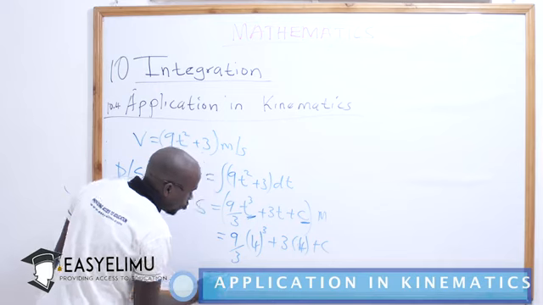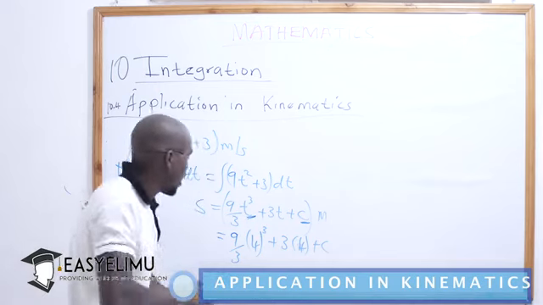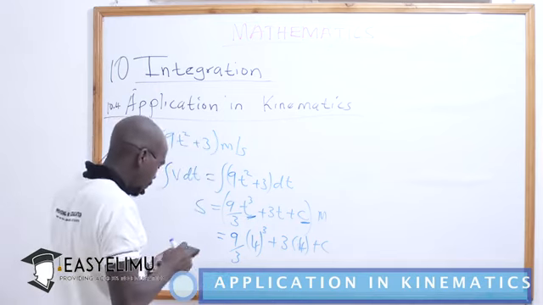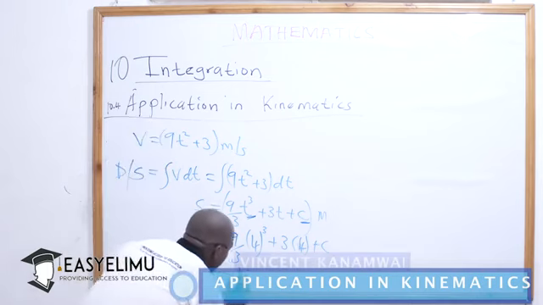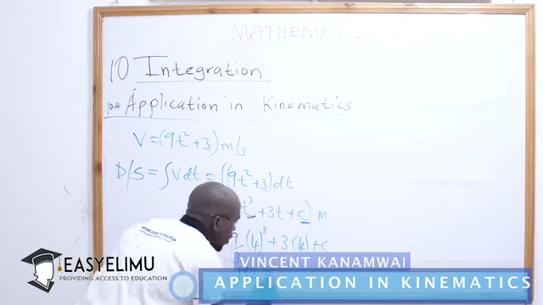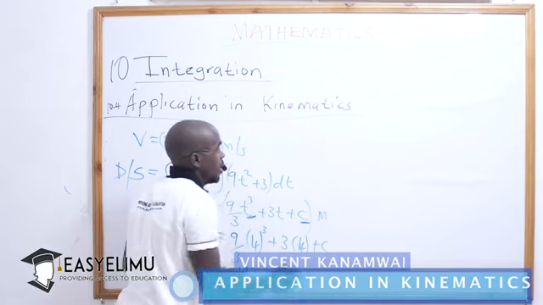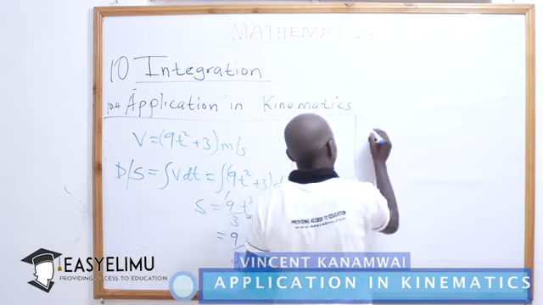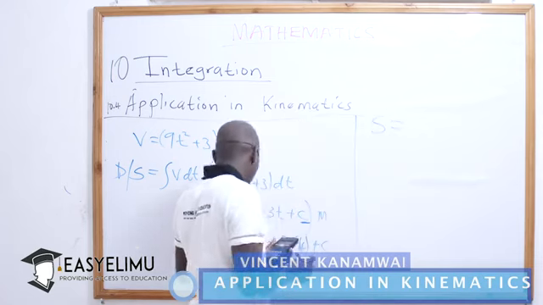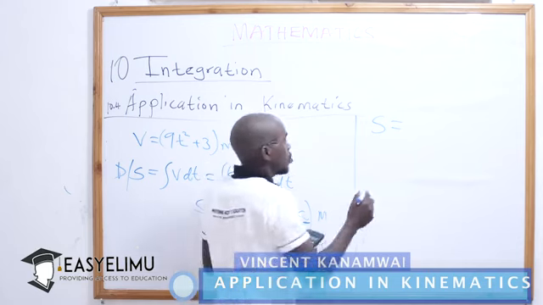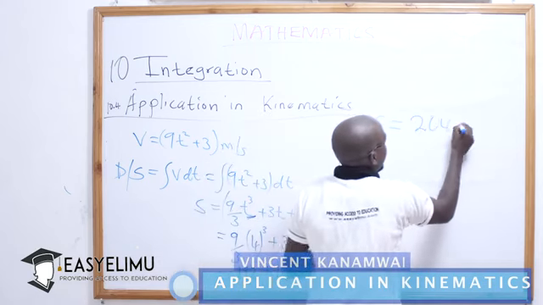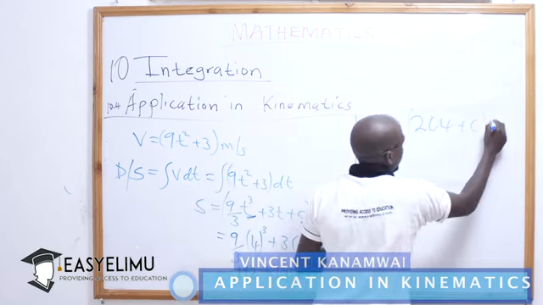So we are going to find the displacement here will be 192 plus 12 plus c, and we shall find the displacement s is equivalent to 204 plus c meters.